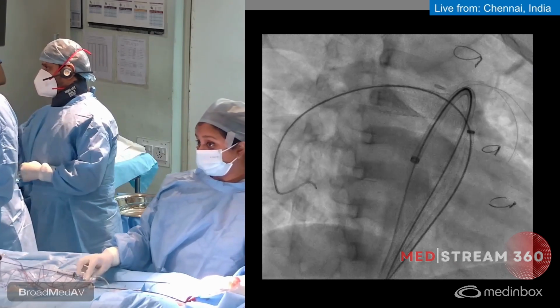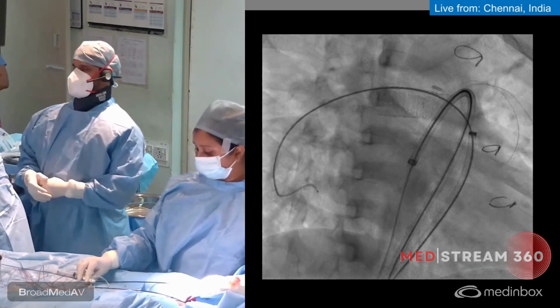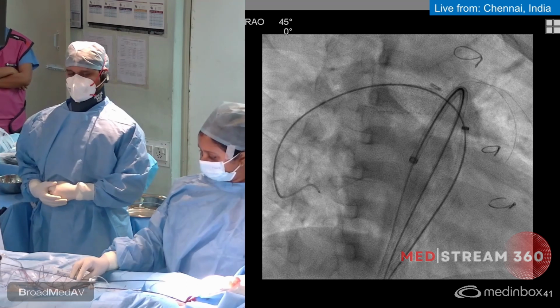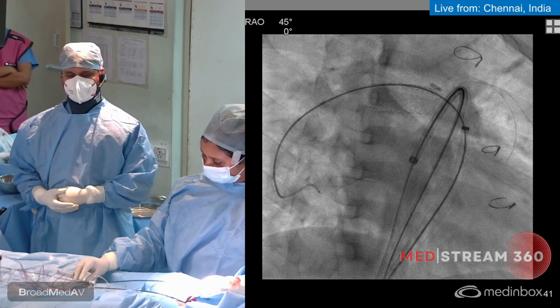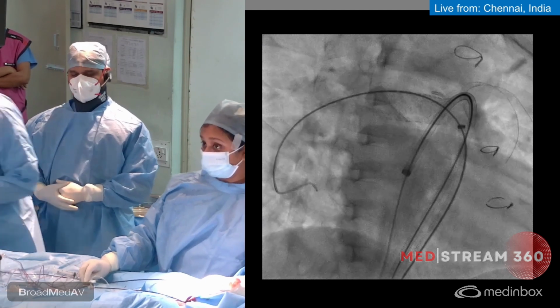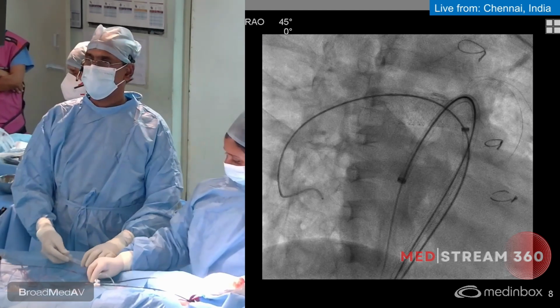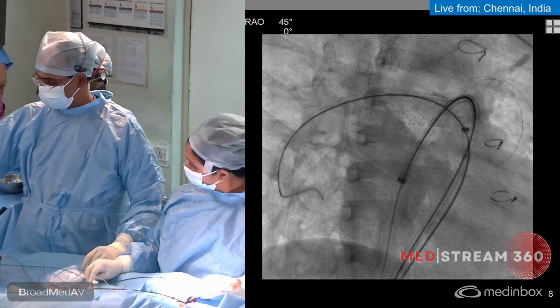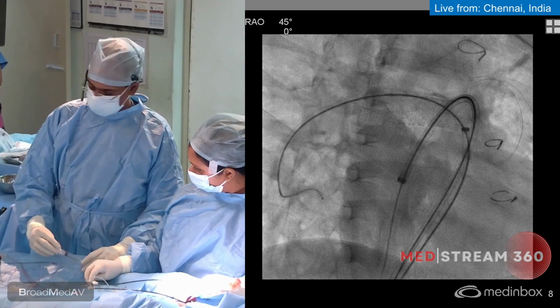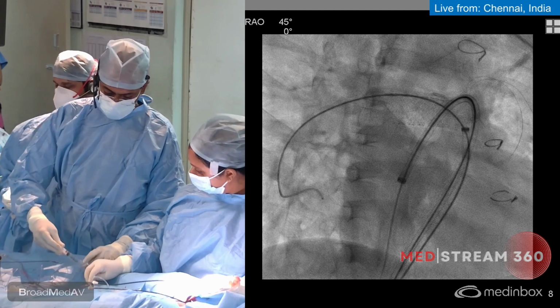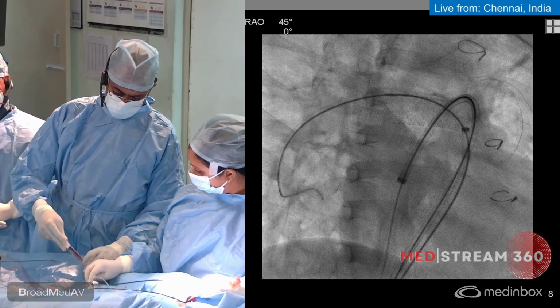So the right balloon comes out. Holding the wire.